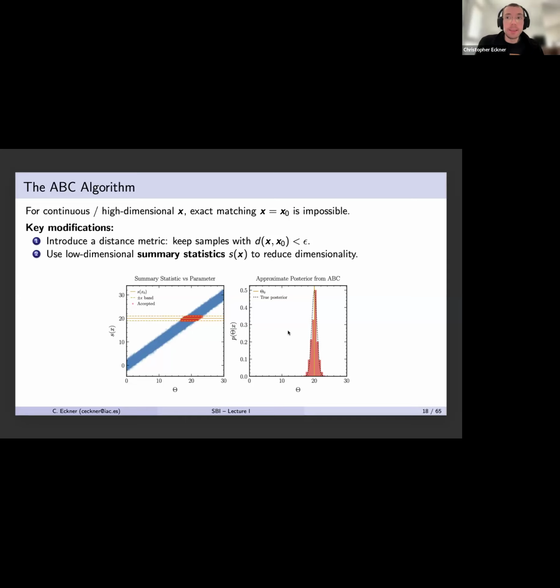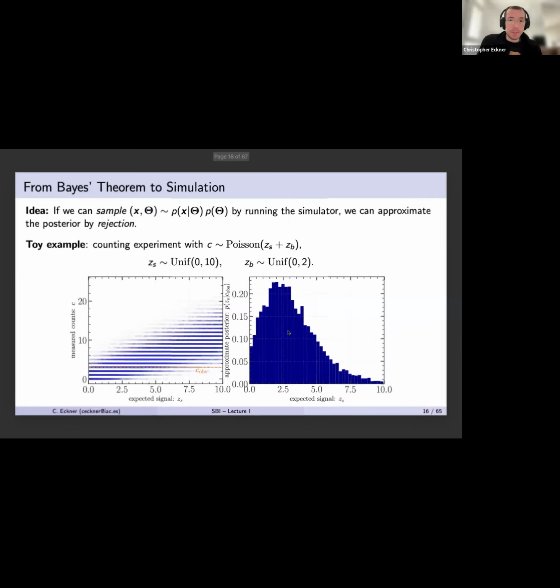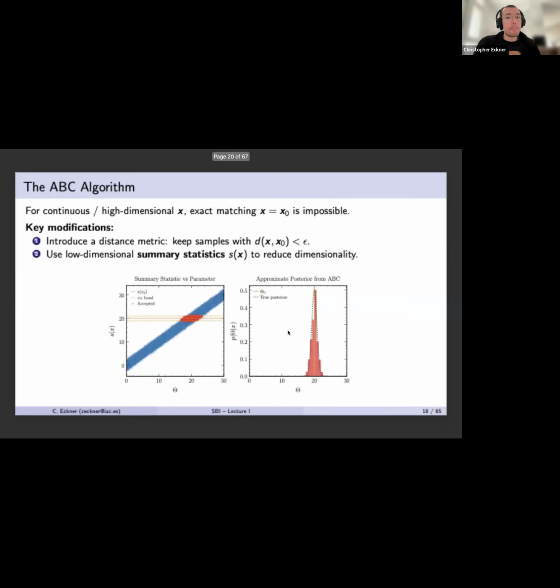However, this is not as simple as before, because if you go back, this was a problem that depends on two parameters, where one has been marginalized over in the first place, producing counts. Reality is that your typical model will not just contain two parameters, and also your observation space will not be one-dimensional, but multidimensional.